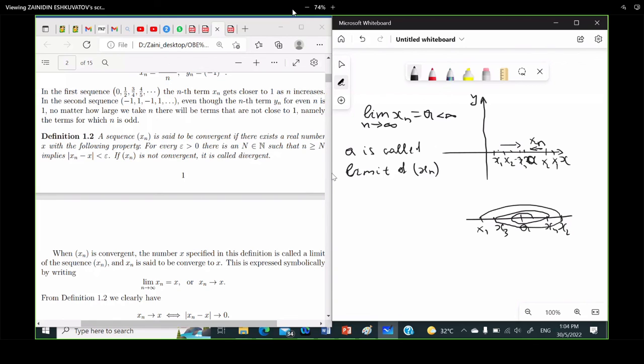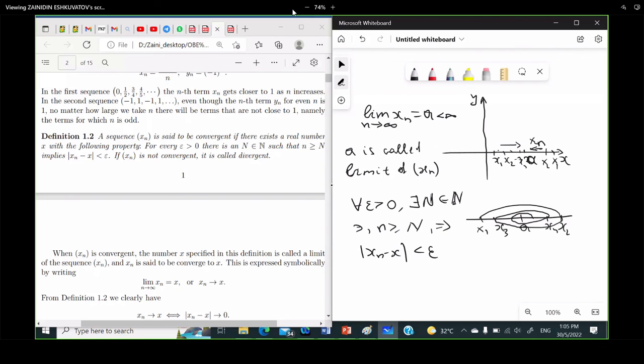Now, this epsilon definition, I'm going to finish. The epsilon definition says: for any epsilon, there exists a capital N from the natural numbers such that small n greater than capital N implies the absolute value of xn minus x is less than epsilon.